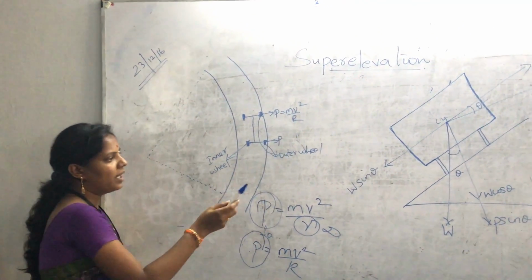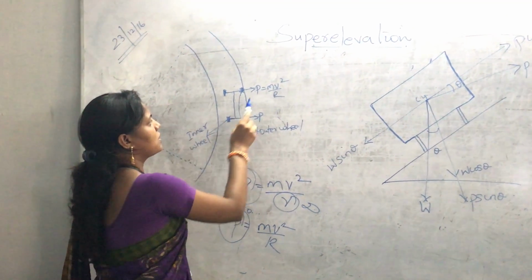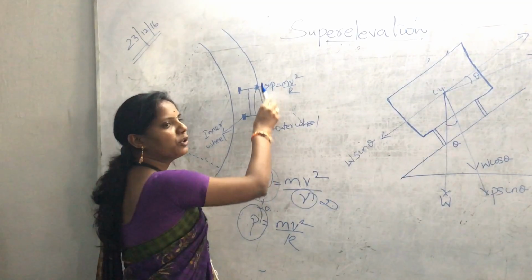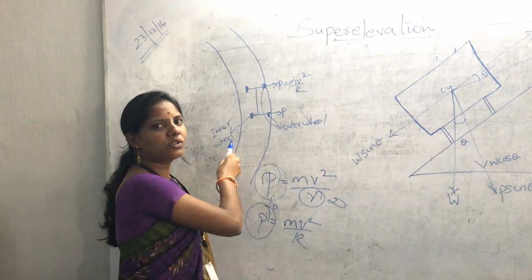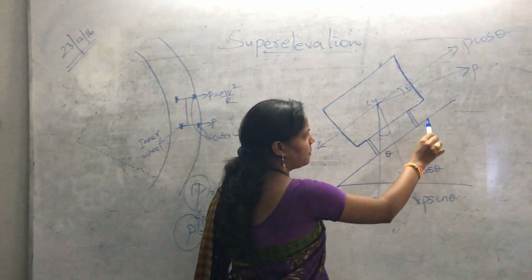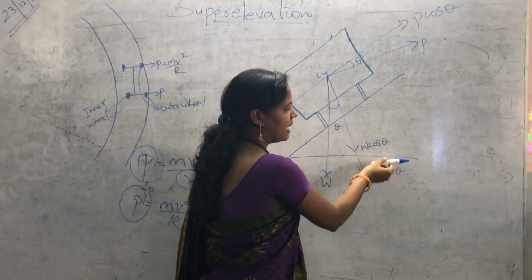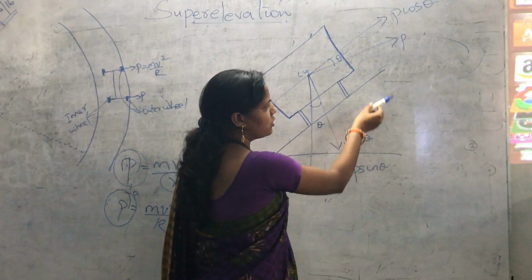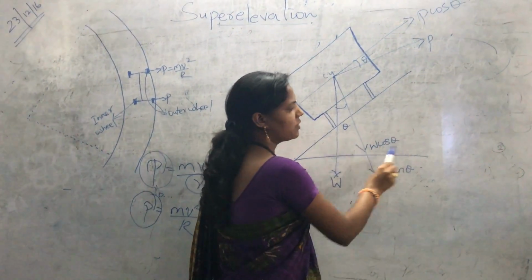Superelevation is nothing but introducing the centripetal force. This is the centrifugal force. In order to counteract this centrifugal force, we introduce the centripetal force by means of the superelevation. Superelevation is nothing but raising, in this transverse section of the road, the outer edge of the road with respect to the inner edge along the transverse direction.